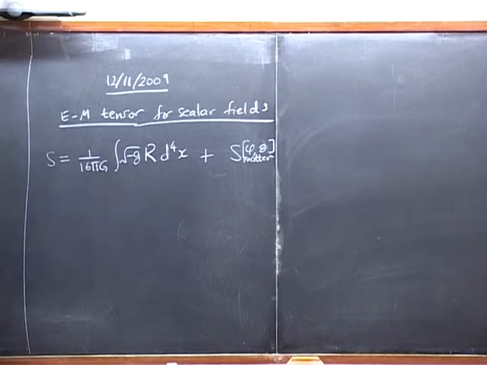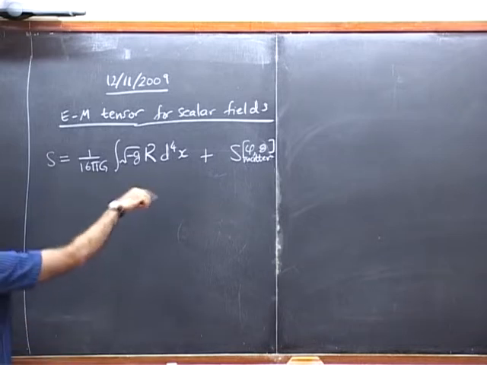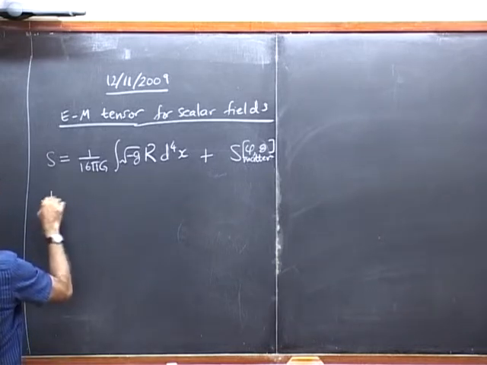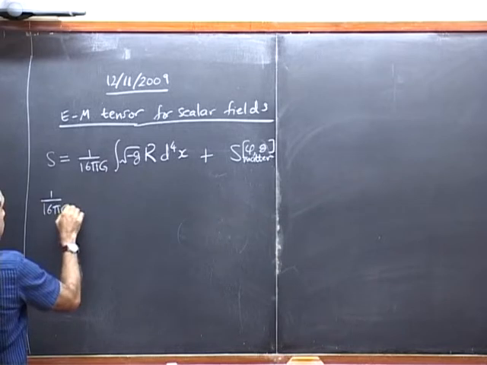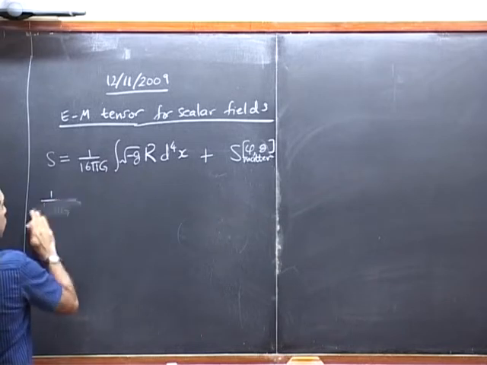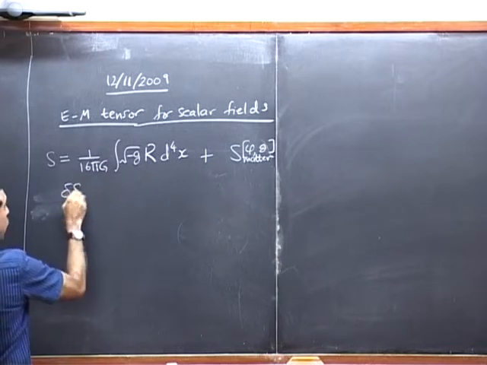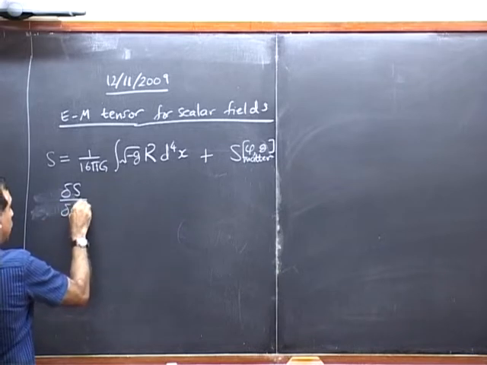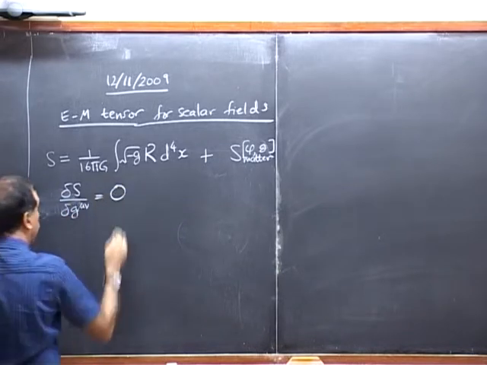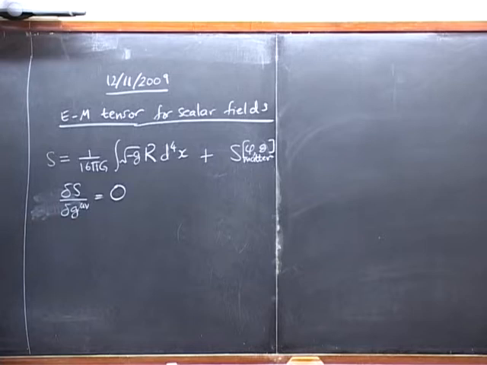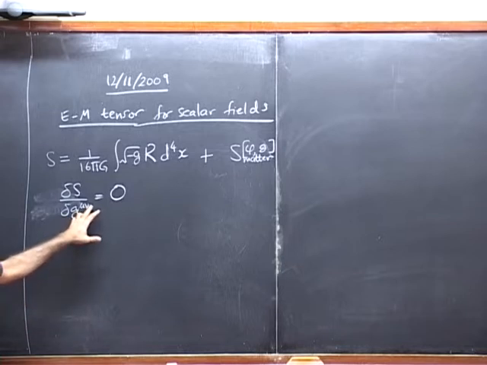Good. Now what will be the equation of motion of this total action? It will be 1 over 16 pi G. Okay, so the equation of motion is delta S total by delta g upper mu nu equals 0, or we could take g lower mu nu, but term by term there may be some signs, so you have to decide on one of them, and we just decide to take g upper mu nu.